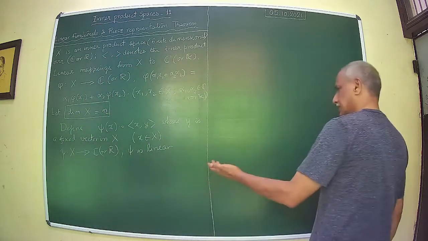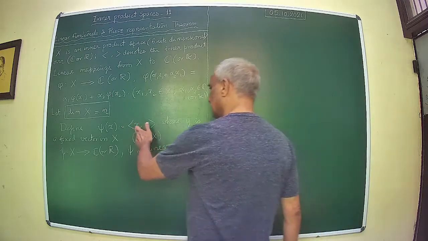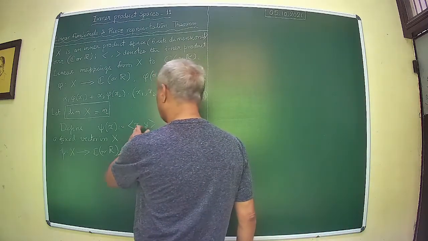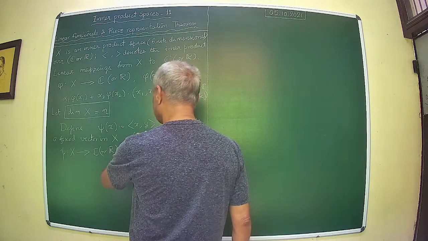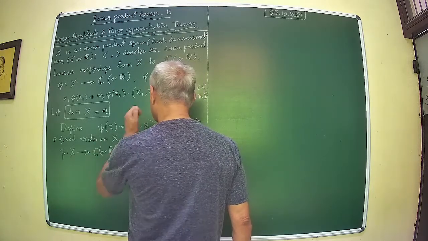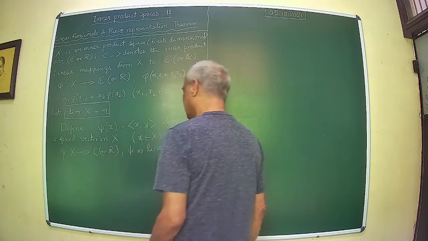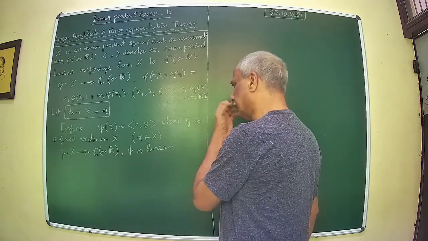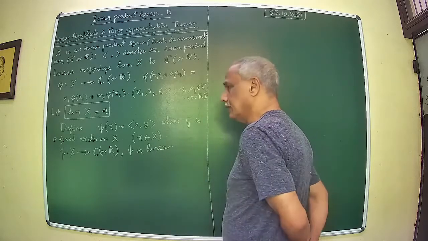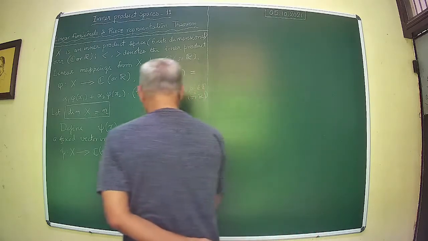That's easy to see. It's linear in the first argument and conjugate linear in the second argument. We are keeping y fixed, therefore psi is associated with the vector y, or psi is induced by the vector y through the inner product.